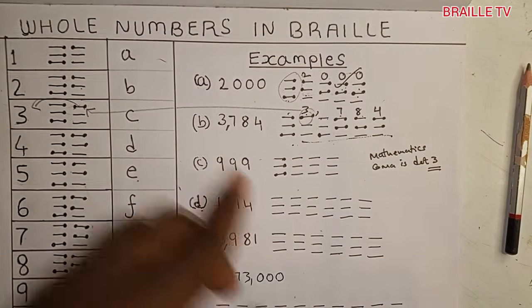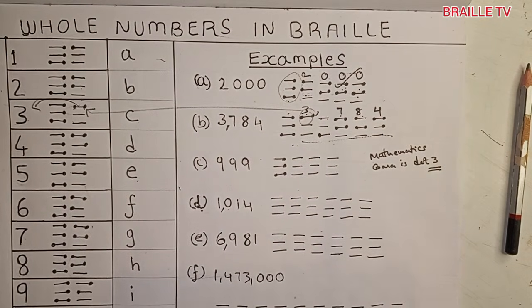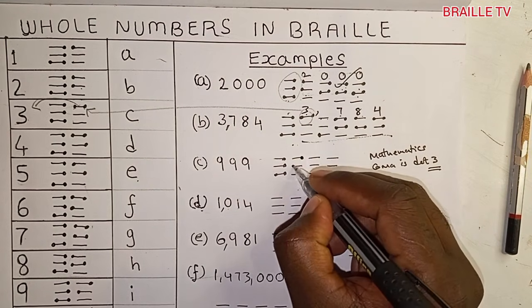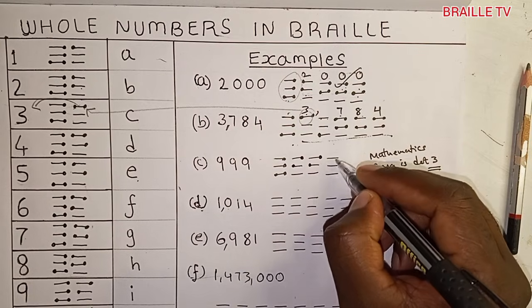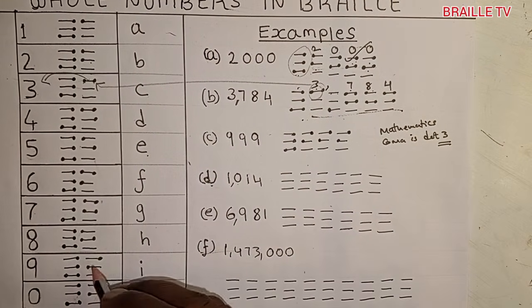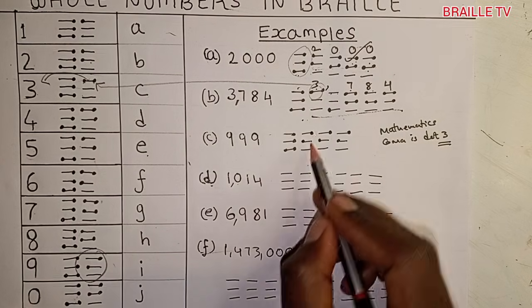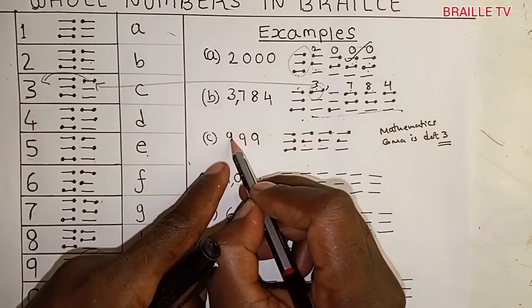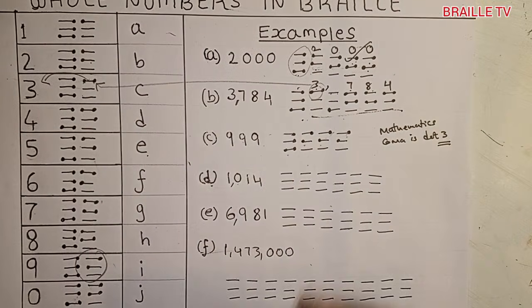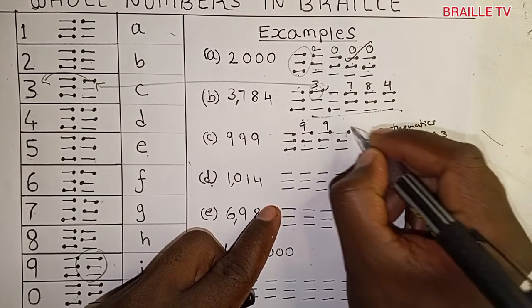Sometimes they are called number sign, okay, or numeral sign. Sometimes when you see they have said number sign, just know it is the numeral sign. So 9, I told you, is this one. You can see 9 is I, isn't it? So that's why I have put I, because it is 999. So numeral sign, 999. Here it is 9, 9 and 9.